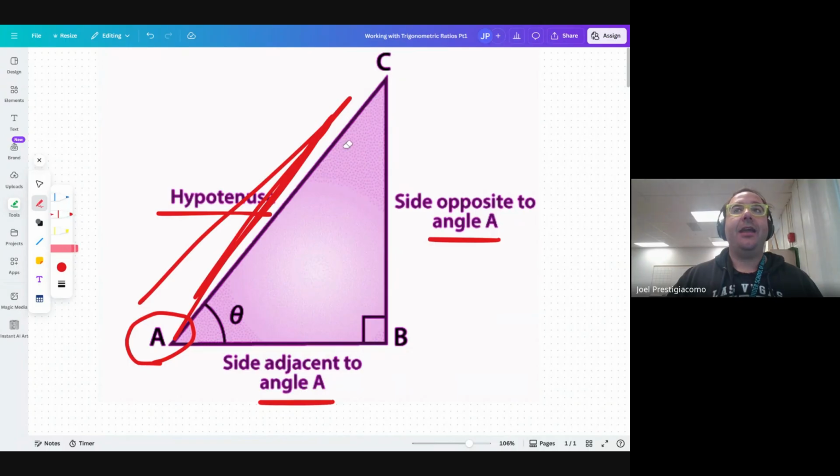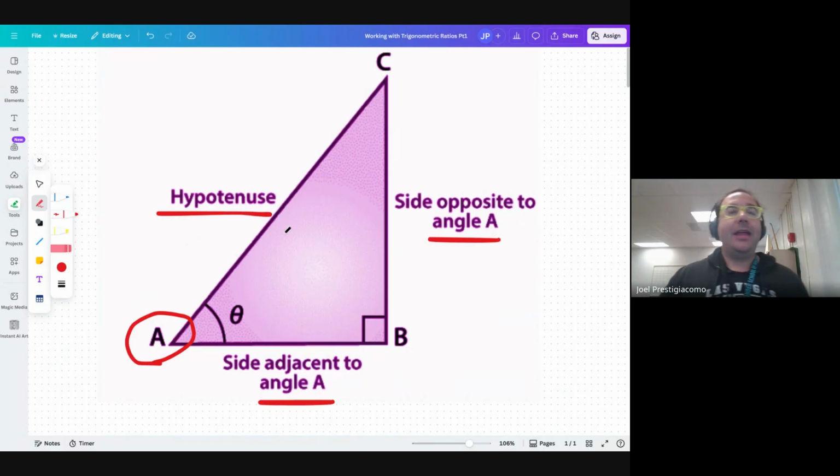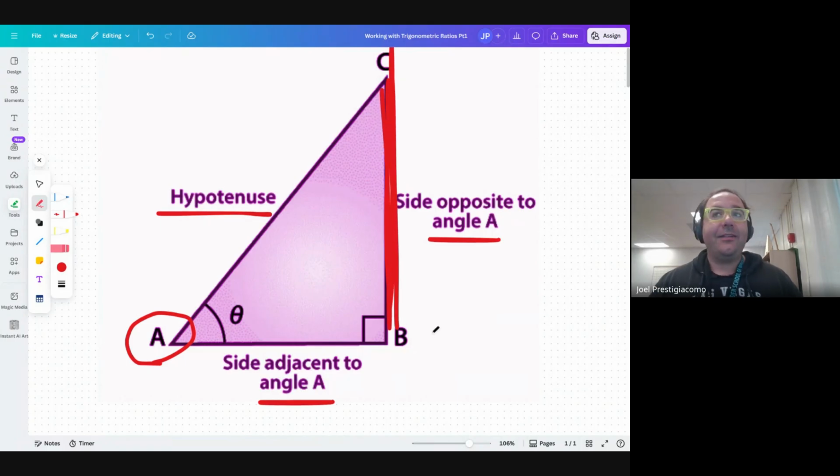Well, it already has a name, and that name is hypotenuse, so it doesn't need that name. Now, the opposite side, all the way over here, notice how it is not adjacent. The angle A, as it's created, does not use that side length at all to make its angle. So we use the term opposite.